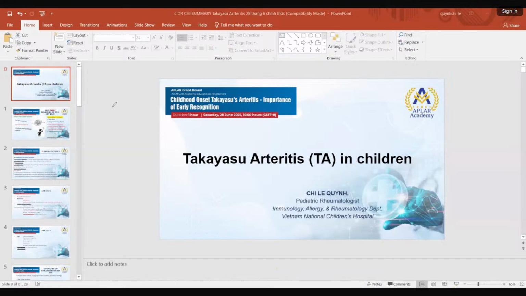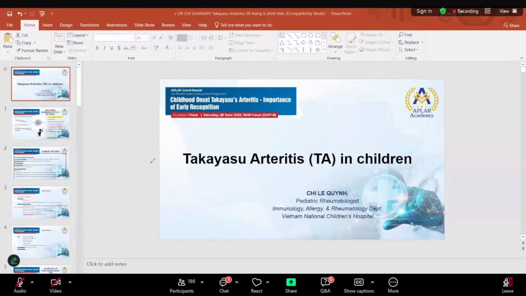Maybe you use the slideshow function to make it fit the whole screen. Someone just said that you can press F5. Please try this, Dr. Lê.